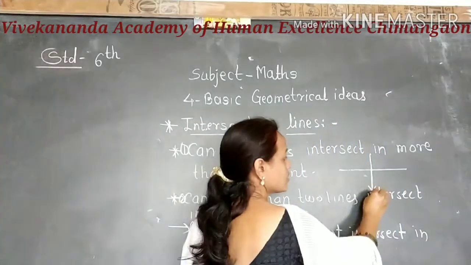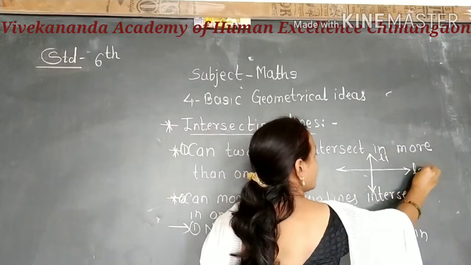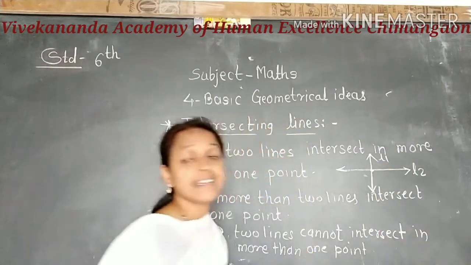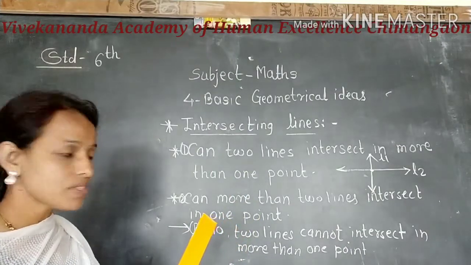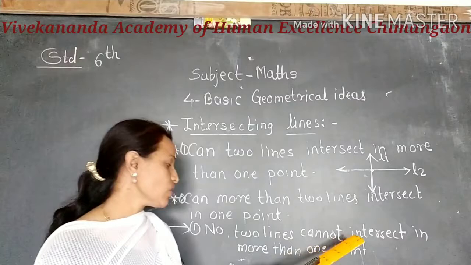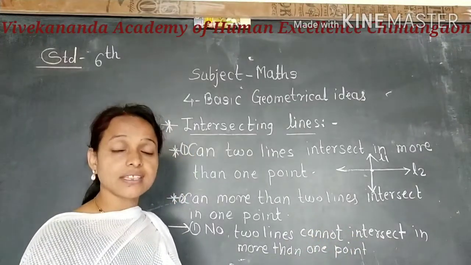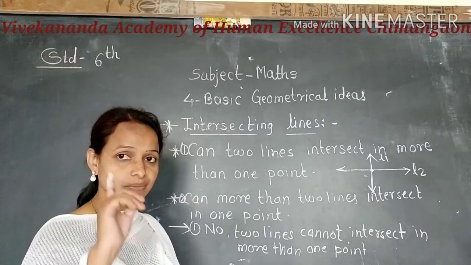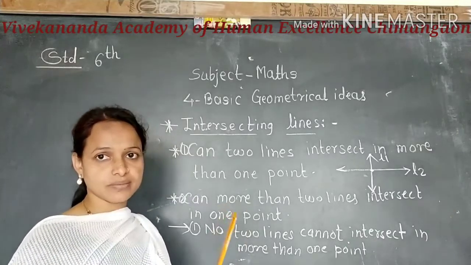If you observe L1, L2, we get only one intersecting point. So we say that two lines cannot intersect in more than one point. They can intersect only in one point.